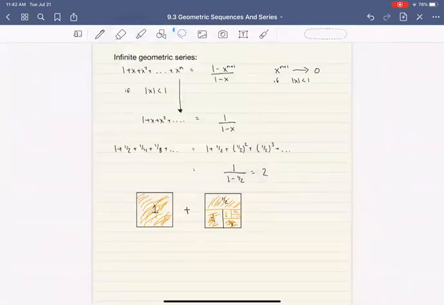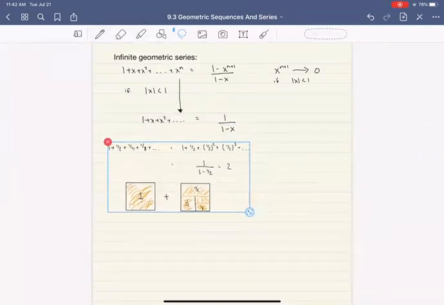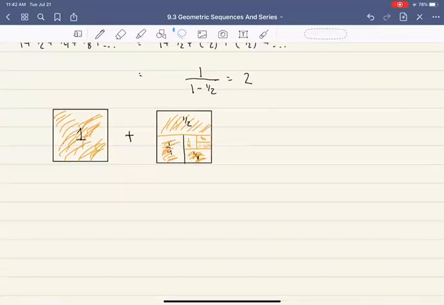Let me do another example. The other example I like is I like to show that 0.9 repeating actually genuinely equals 1. Okay?